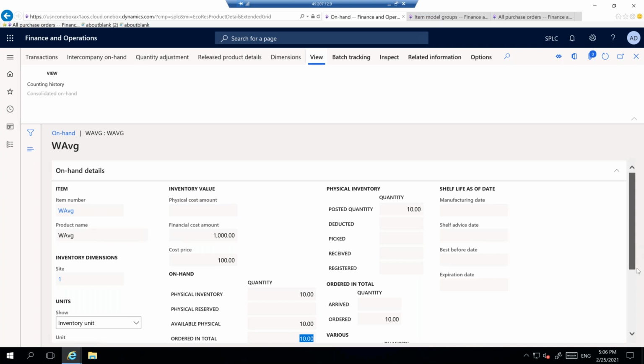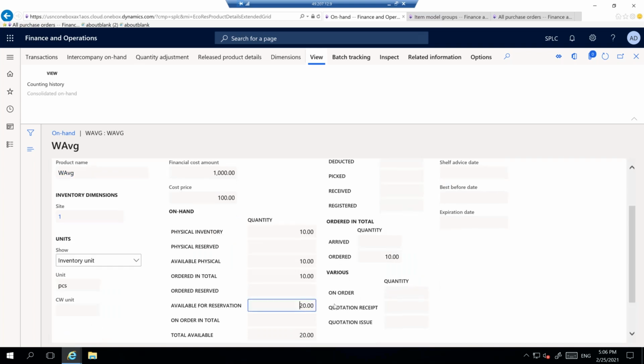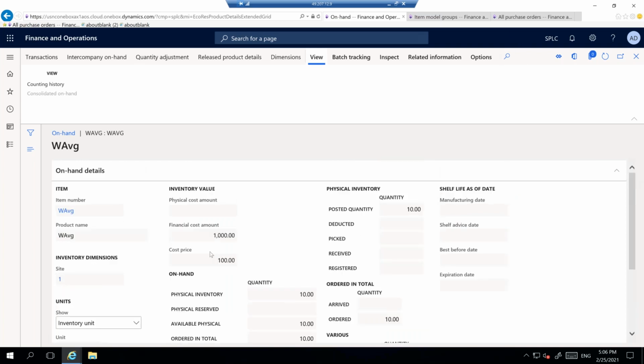So for reservation, it will show 20 quantity, but only physical quantity of 10 is available. I can reserve for 20 quantity because I have given an order. Most probably in a few days, I'm going to receive this material. So I can reserve for 20. Okay, fine. But actually we have physical quantity of 10 only.